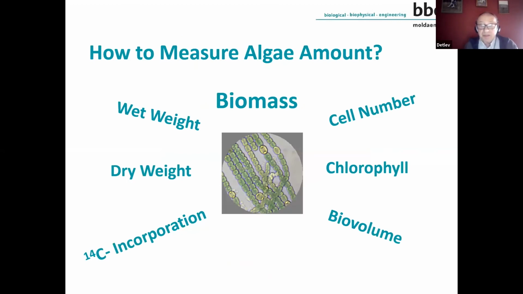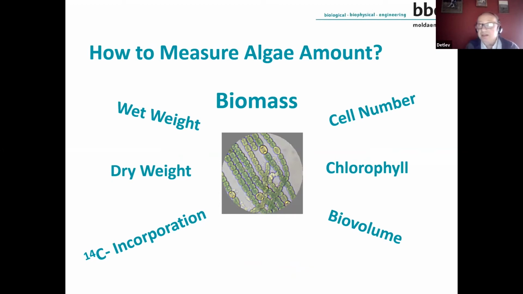So it may become important to have information about the amount of algae inside of the water. As I've told you, there are classical ways of sampling and bringing it to the lab. They have different ways of determination. For example, determining the wet weight, drying it in the oven and weighing it again.